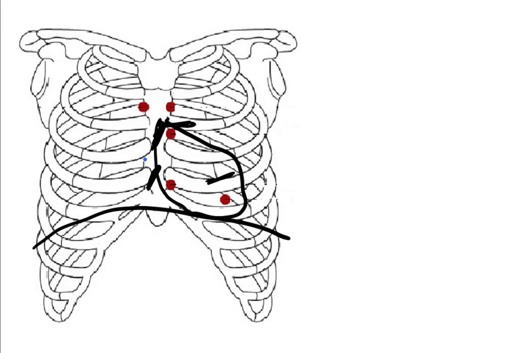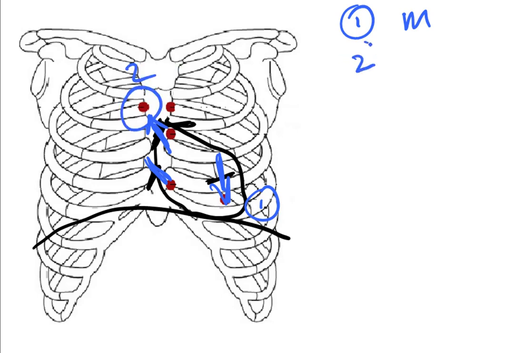So we're going to see the mitral valve is going to be here at the apex of the heart. We can see that the aorta is going to be here, which is going to be the right second intercostal space.